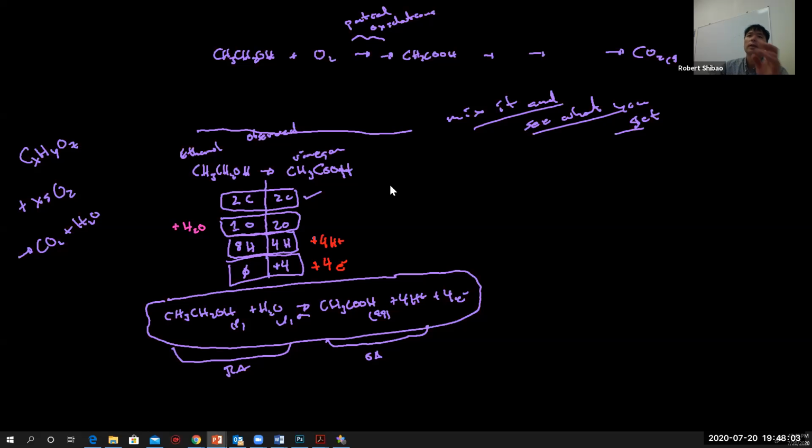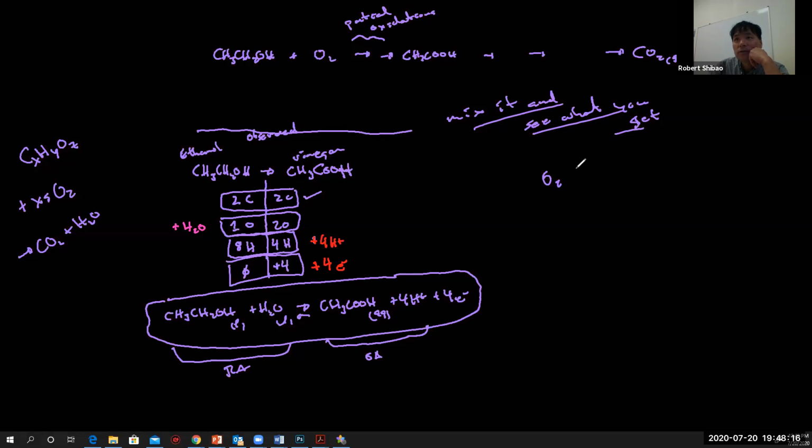So let me go with a black background here. What's going to happen with the O2 is we just copied off the chart. And so the O2 is going to be like this: O2 plus 4H plus 4 electrons yields 2 H2O from the chart.